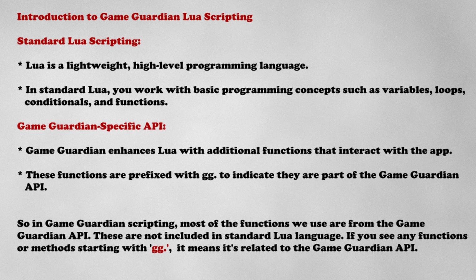These functions are prefixed with gg to indicate they are part of the Game Guardian API. So in Game Guardian scripting, most of the functions we use are from the Game Guardian API. These are not included in the standard Lua language. If you see any functions or methods starting with gg, it means it's related to the Game Guardian API.